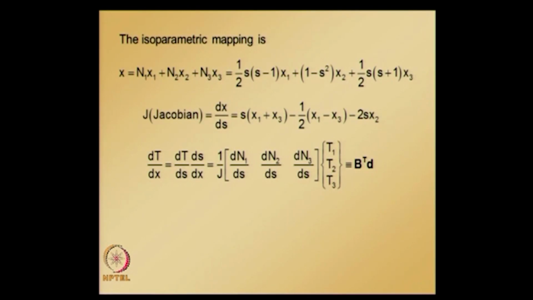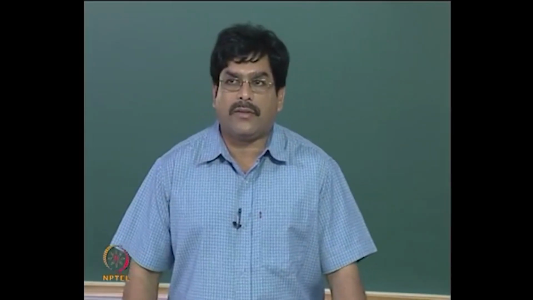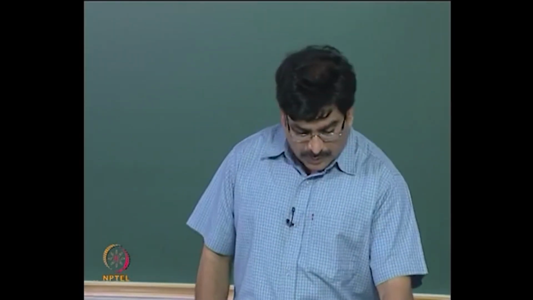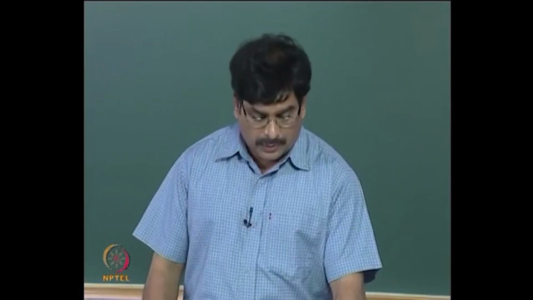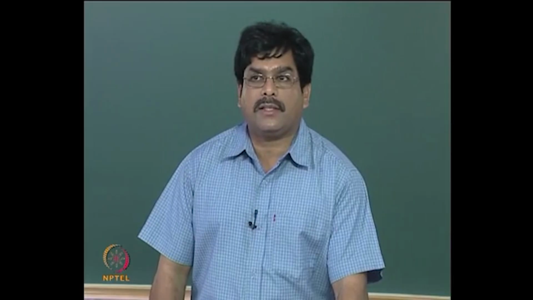So now we have the field variable expressed in terms of nodal values or nodal parameters and also its first derivative. Now we can use the Galerkin criteria to derive the element equations, similar to what we have done in the earlier cases.